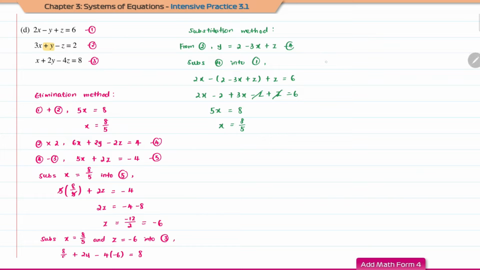So now next I'm going to substitute the equations 4 into the equations 3. So x plus 2y minus 4z equal to 8. So now expand this.